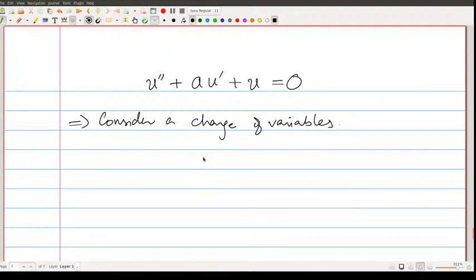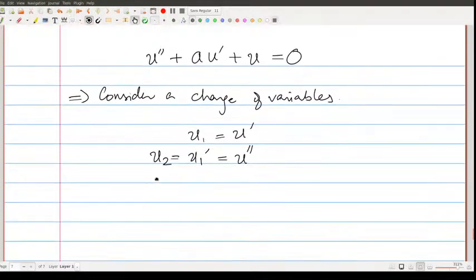So what we're going to do is call u1 as u prime. And now notice that if I do u1 prime, I'm going to get u double prime, which I can label as u2.